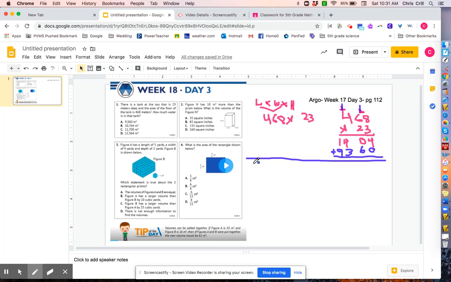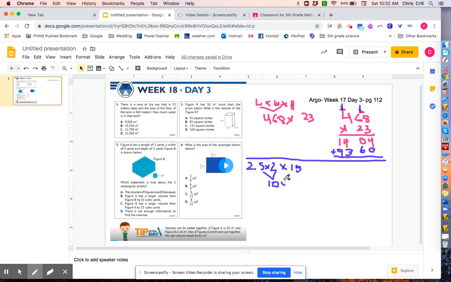So my length and my width for number 2 is 5 times 2. And then I'd have to multiply that number times 15. So if I was solving this, I would multiply my 5 times 2 first, because multiplying by 10 is pretty easy.